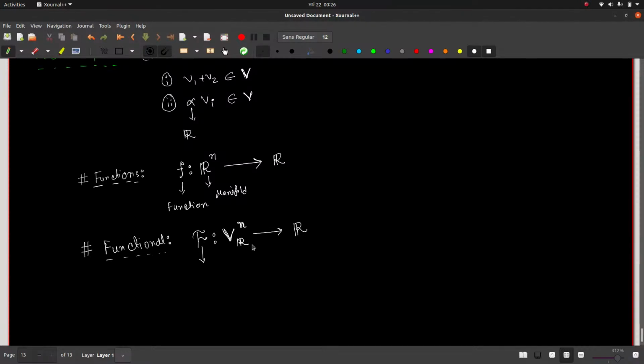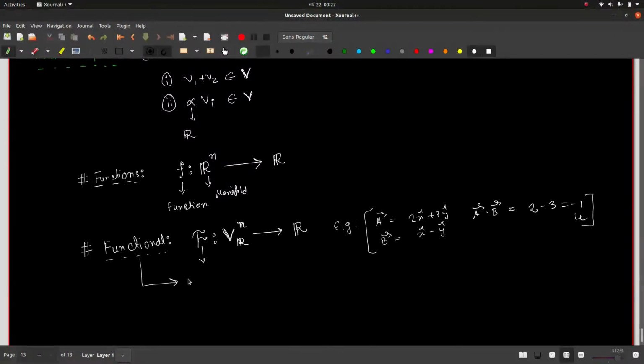You already know different examples of function and of functional. What you can recall from high school is that if you had two vectors like this, let's say 2x hat plus 3y hat, and p equals x hat minus y hat, then if you dotted them, you would get a real number, 2 minus 3, which is minus 1. So this can be thought of as one example of a functional, but the very idea of functionals is that it takes in a function and spits out a number.